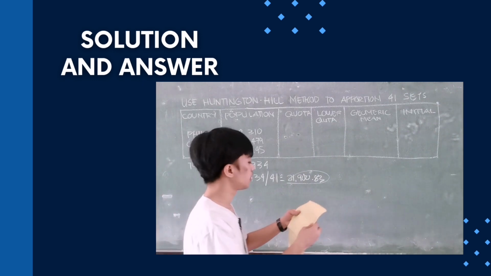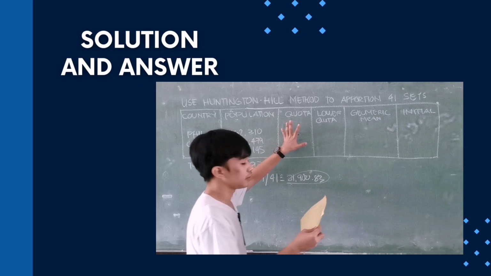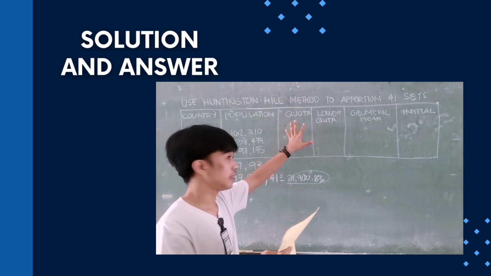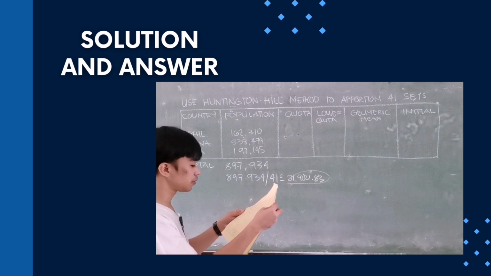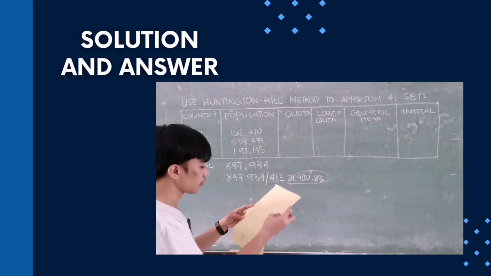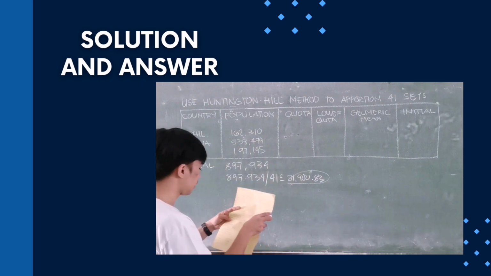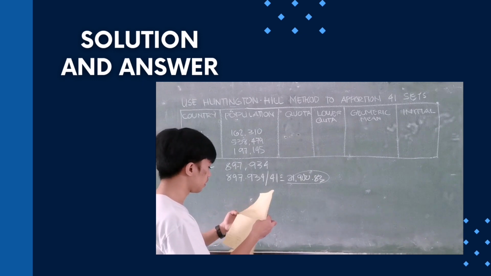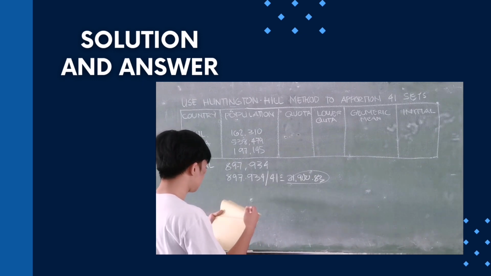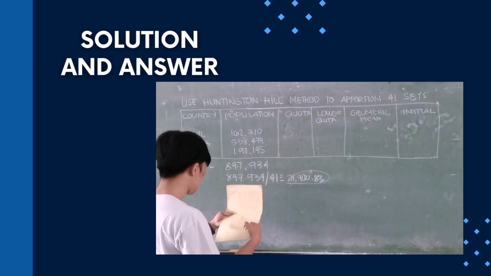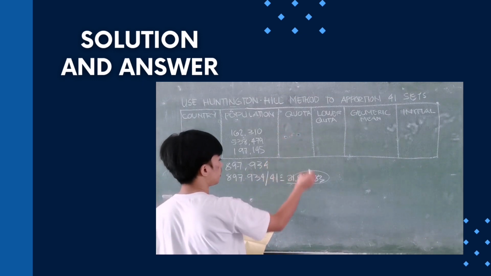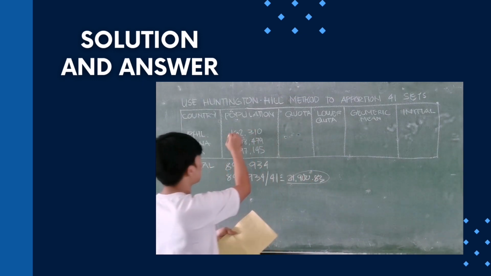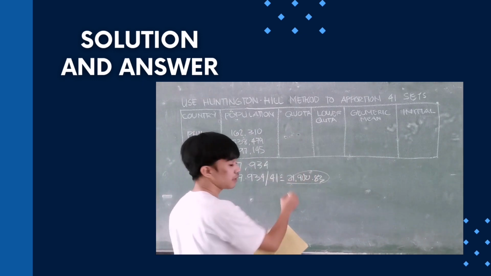Then we will proceed to finding the quota. To find the quota, we need to divide our population by our divisor.